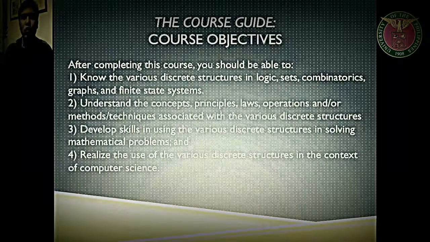We also want you to develop skills in using these various structures in solving mathematical problems. And finally, we want you to realize the use of these structures or concepts in the context of computer science.